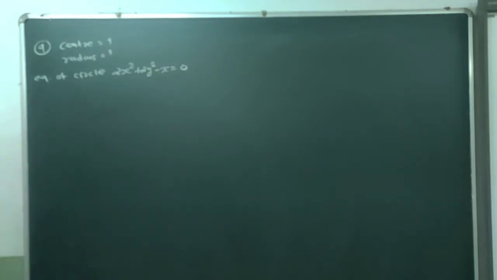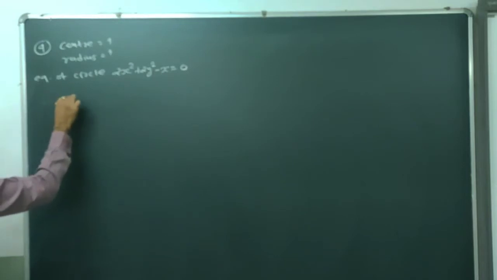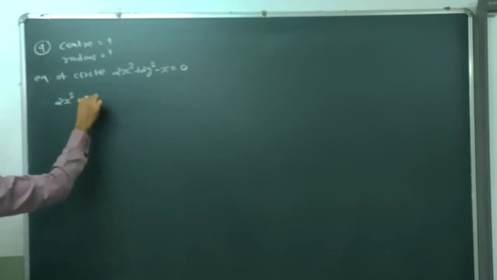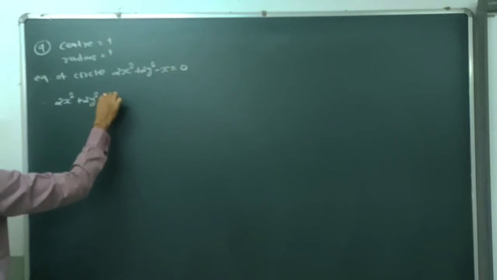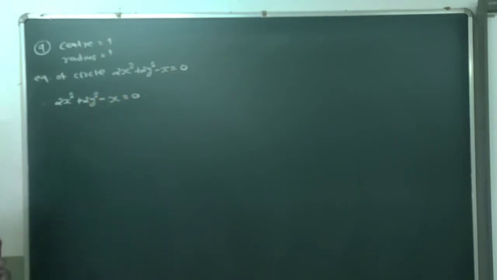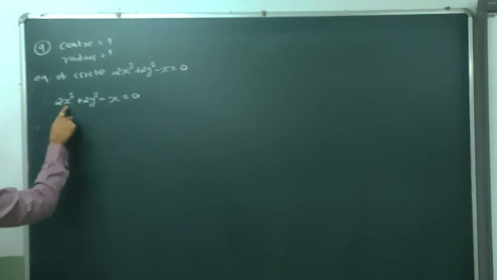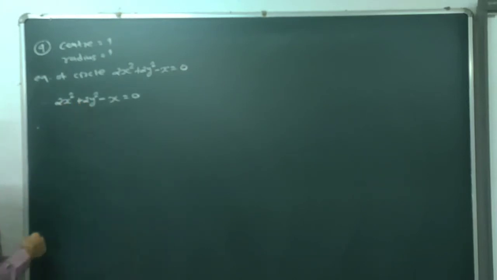Done. So now here we are first applying the completing square method. The given equation of the circle is 2x square plus 2y square minus x equal to 0. For completing the square, first we have to remove the coefficient of the x square and y square terms.